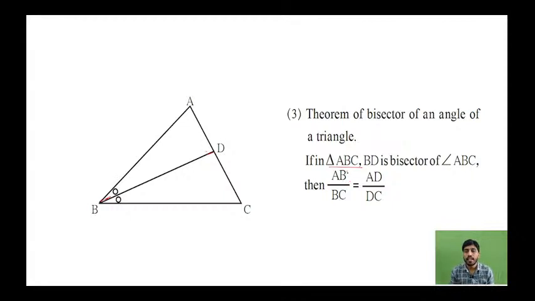Then we can say AB upon BC will be equal to AD upon DC, that is this AD upon DC.